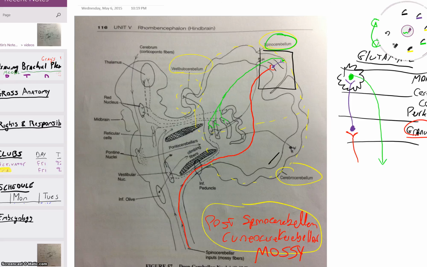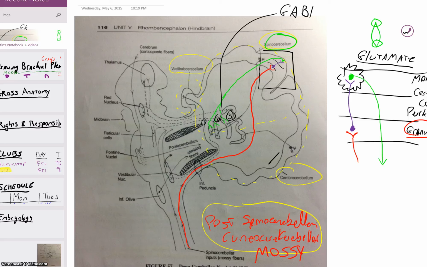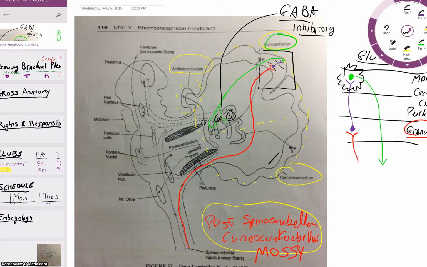Now there's a neurotransmitter there that is used for these three synapses, 1, 2, 3. That neurotransmitter is GABA. It has an inhibitory effect at those three.